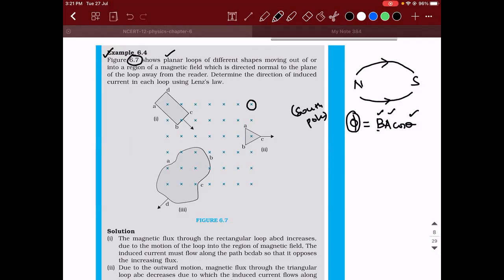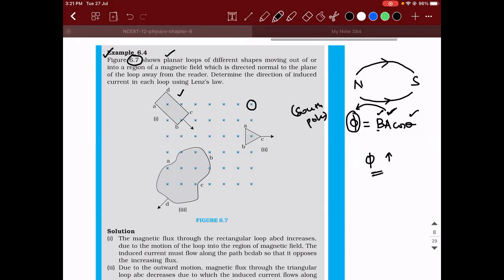Is it because of magnetic field, area, or orientation? When this coil is entering into the magnetic field, which parameter is changing? Area, sir. It is area. Very good. So it is area that is increasing. Now, when area is increasing, can I say that the flux is increasing? Yes.